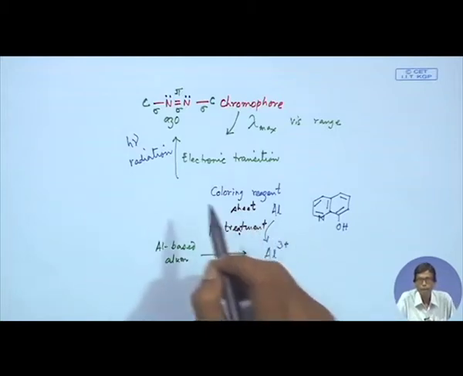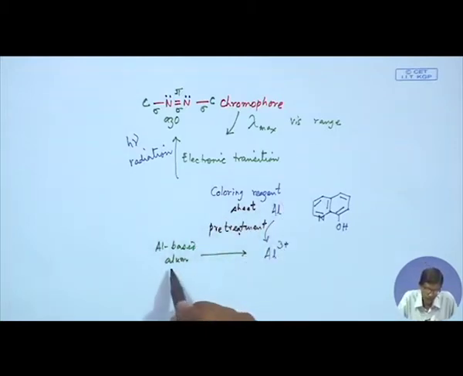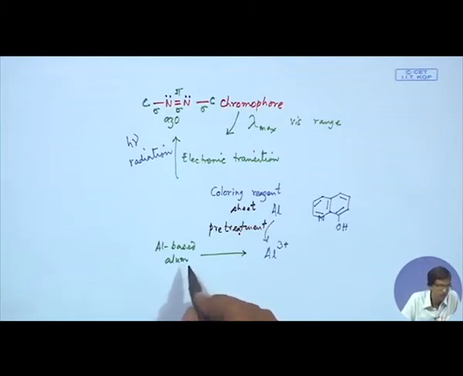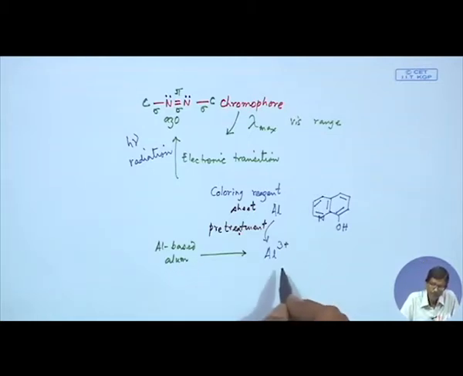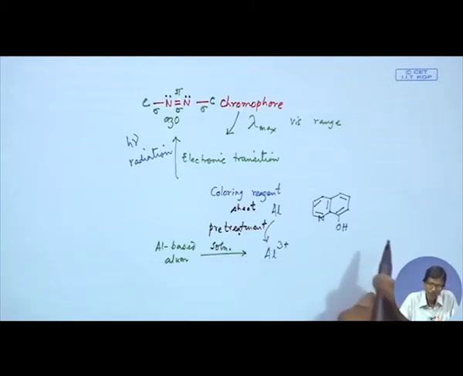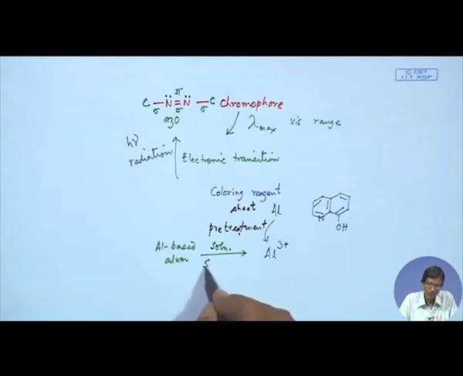alum. We all know that the double salt alum is there, where aluminum is present along with other corresponding cations like sodium as well as potassium. So, the sodium and potassium based alum, you can directly get aluminum in the solution by dissolution only, by addition of water.